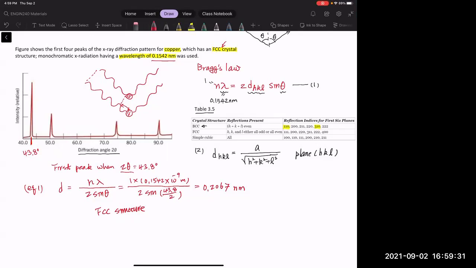Okay, so this is n times lambda. Let's say this distance of x. Then this distance equal to n times lambda will be constructive.